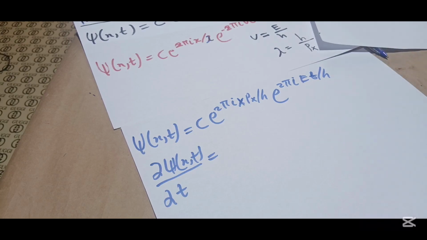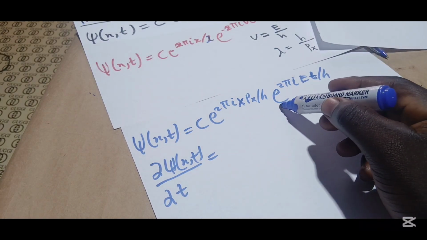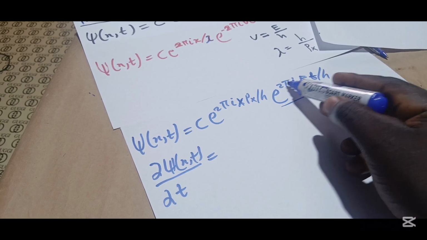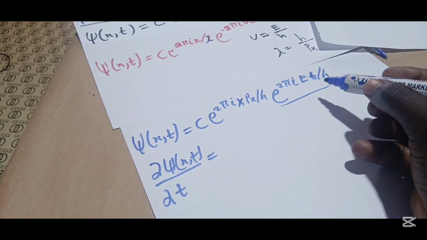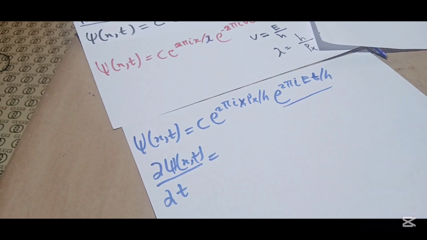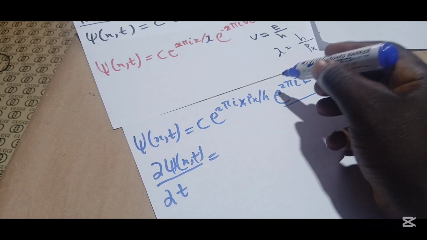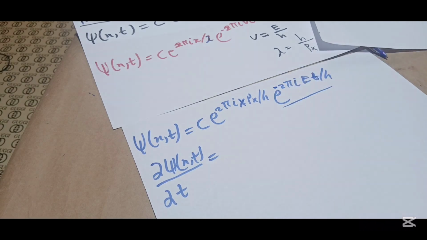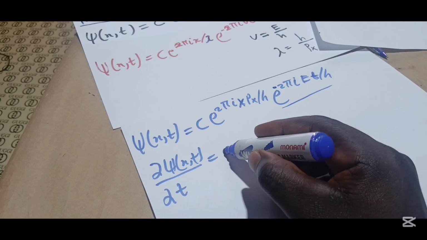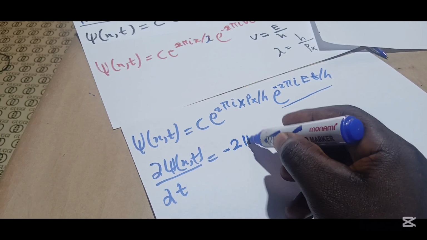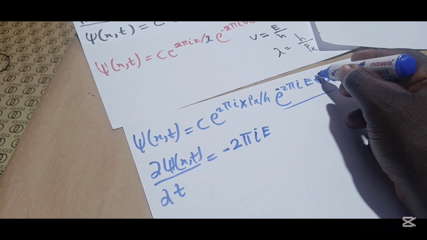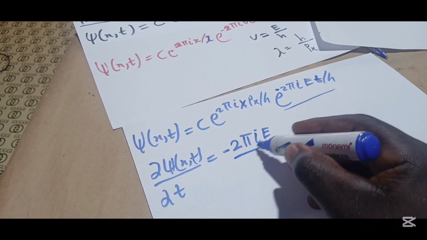Let's do so. We are focusing on where we have the time term. Now we differentiate this whole term with respect to t. There is supposed to be a negative here. Differentiating this whole term with respect to t gives us minus 2 pi i E, where t becomes 1, divided by h.